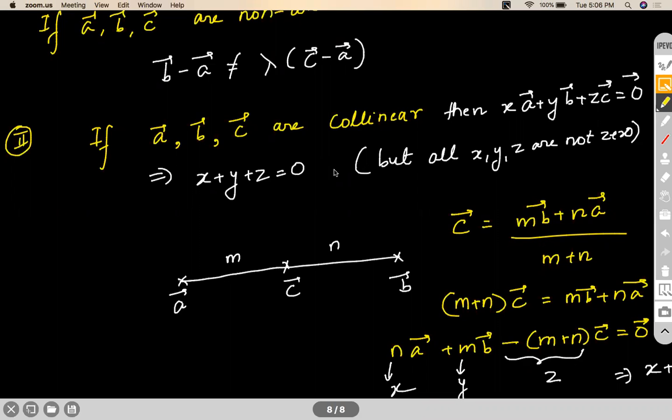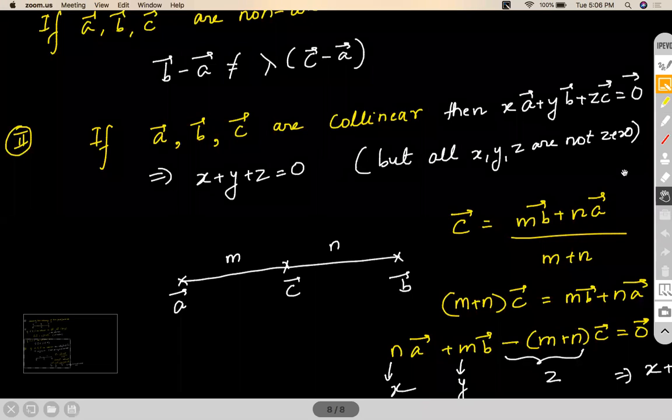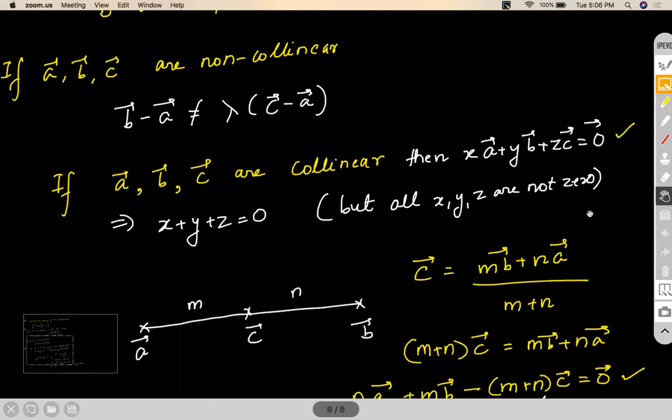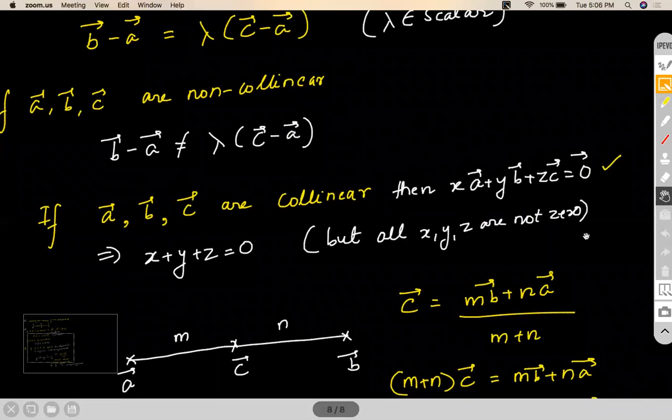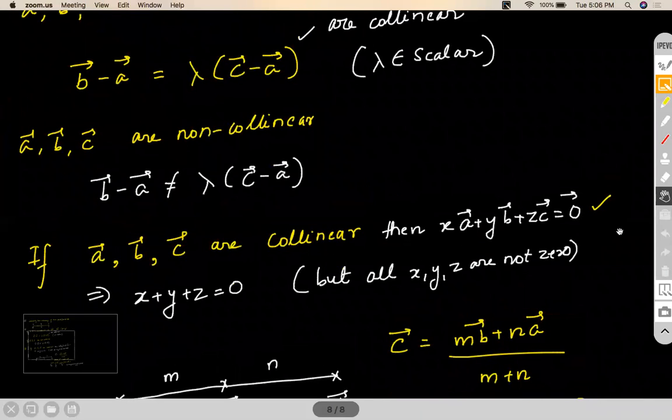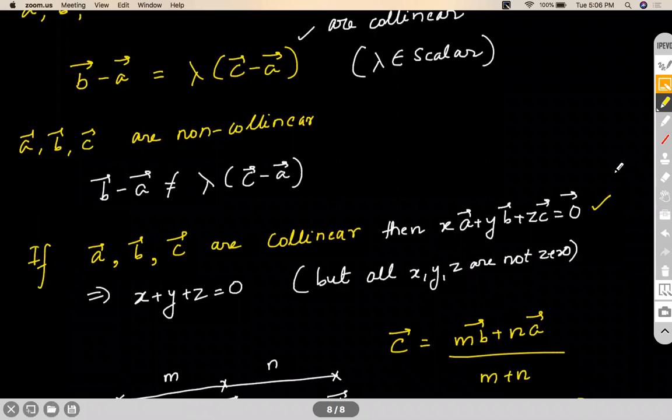Sir, can we say that the 0 vector is collinear with any vector? Yeah, you can say that. 0 vectors can be said to be collinear to any vector. That is an obvious statement. Okay, is this fine?